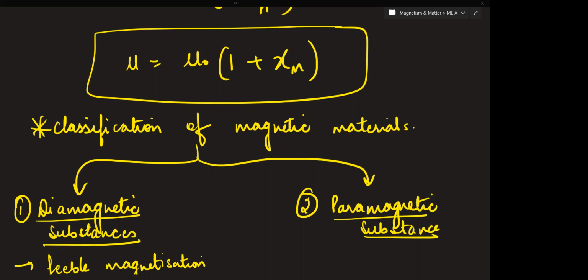Water and salt. Yes, water and salt, these will be paramagnetic substances. Water will be diamagnetic, sir. Salt is paramagnetic. Salt, your NaCl, or even copper chloride, sodium chloride, all these are paramagnetic. Water will come in diamagnetic.